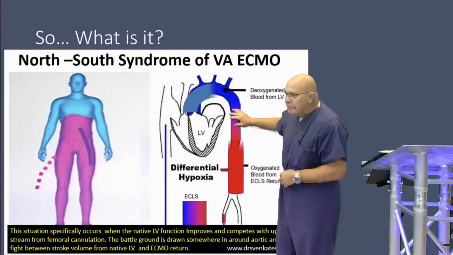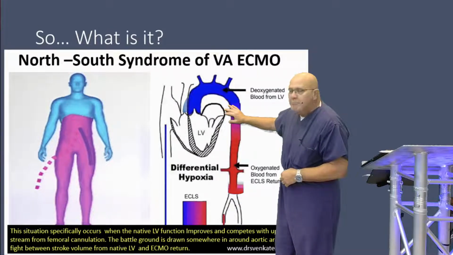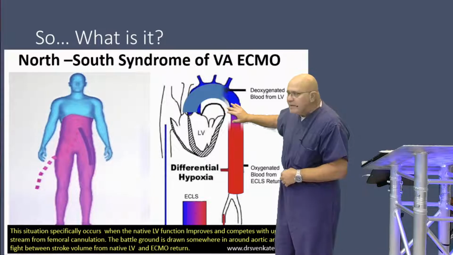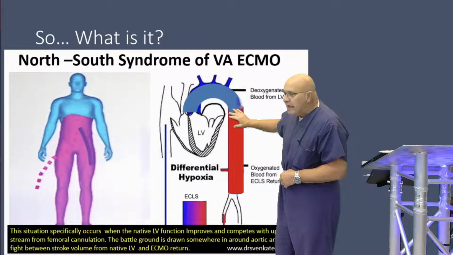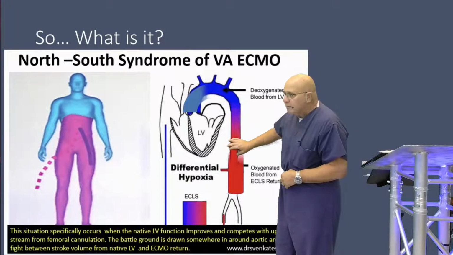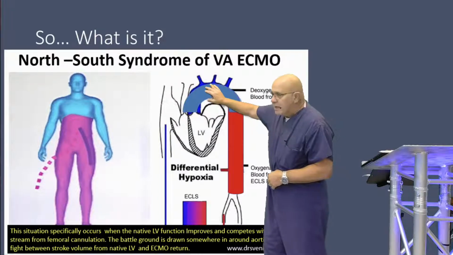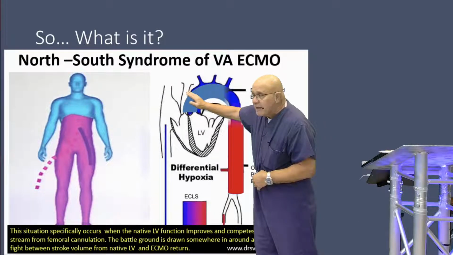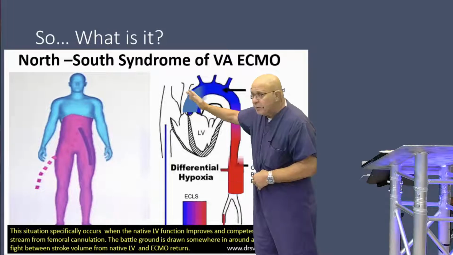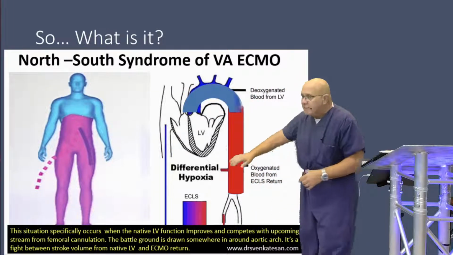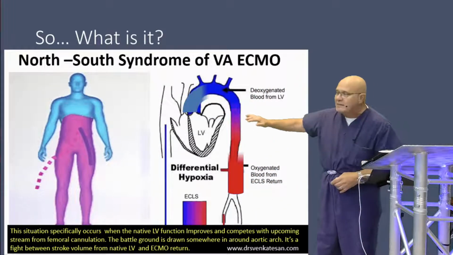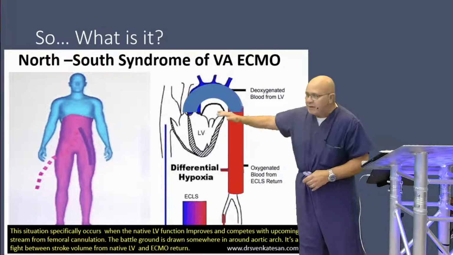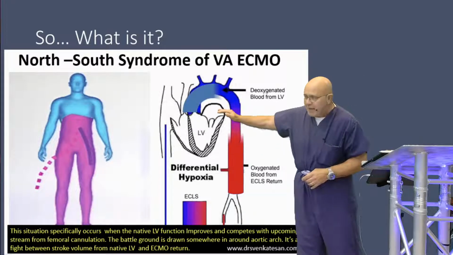This area right here is called a mixing cloud. And this mixing cloud can move from anywhere. It can be down here, it can be up here, it can be all the way over to here. And this can actually still occur even with central cannulation. We're going to explain a little bit what that is. But this is a very nice graphic of that.